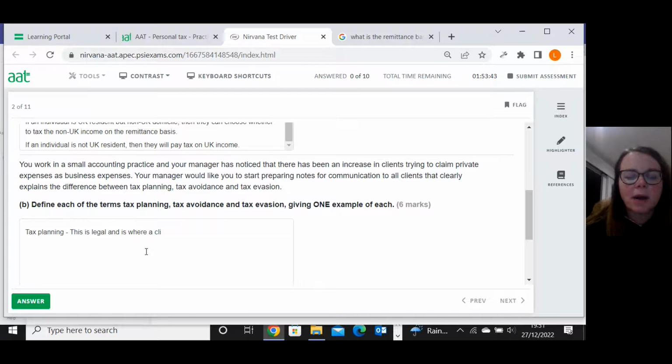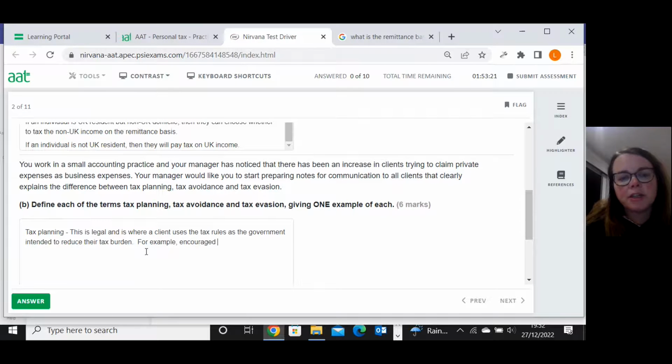So this is legal and is where a client uses the tax rules as the government intended to reduce their tax burden. For example, encouraged to make pension contributions by obtaining tax relief.